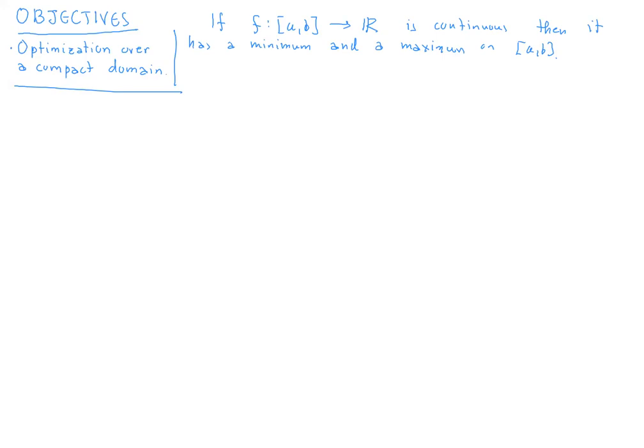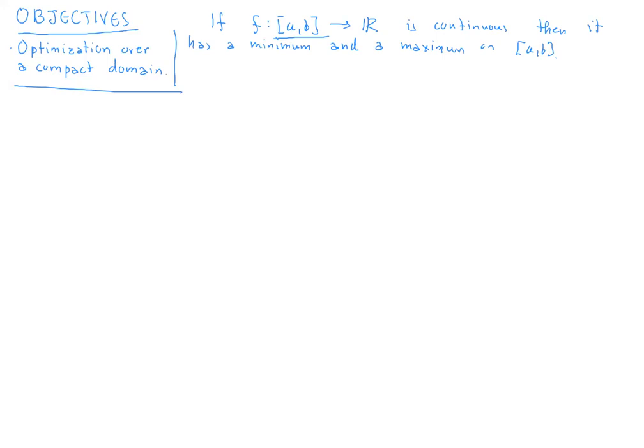So one could ask, what exactly is the correct generalization for the interval [a, b]? What one could say here is that this interval has two basic properties that actually allow the function to have a minimum and a maximum.